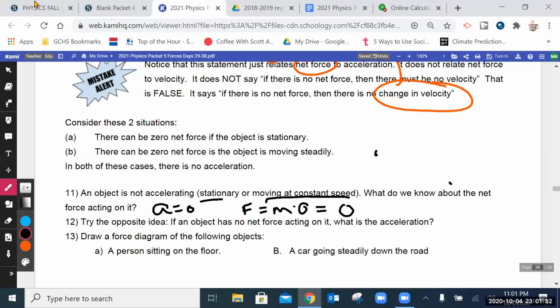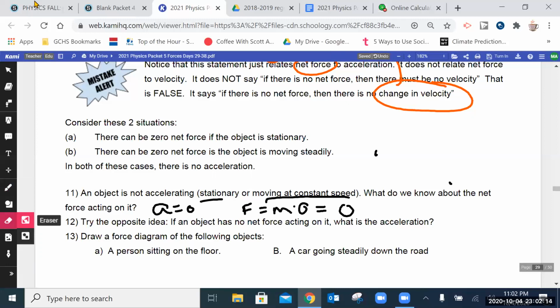So that means that the force must be 0. If it's not accelerating, meaning it's either stationary or it's moving at constant speed, either way, the net force must be 0. All the forces acting on it cancel out.